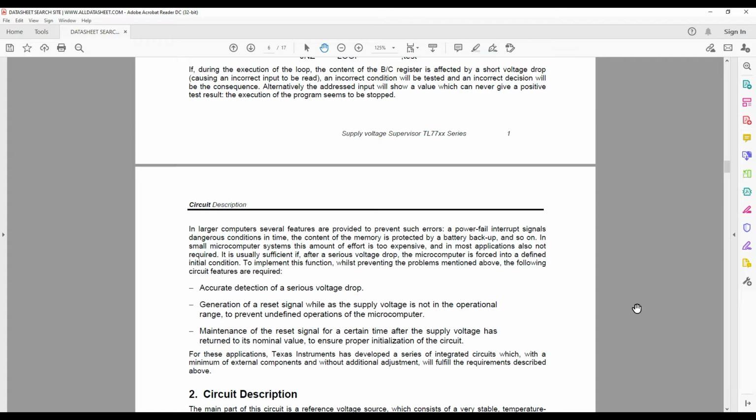For these applications, Texas Instruments has developed a series of integrated circuits which, with a minimum of external components and without additional adjustment, will fulfill the requirements described above.